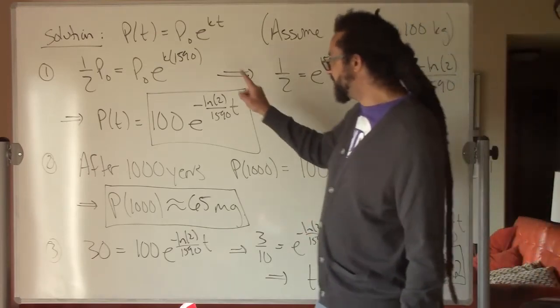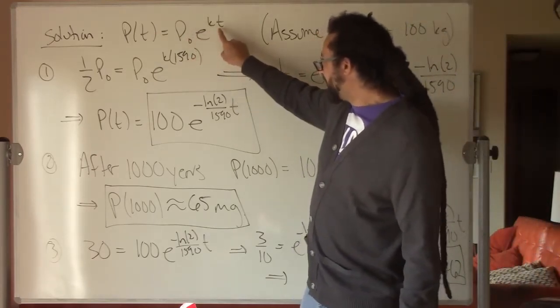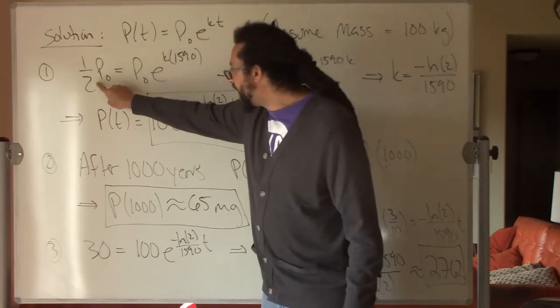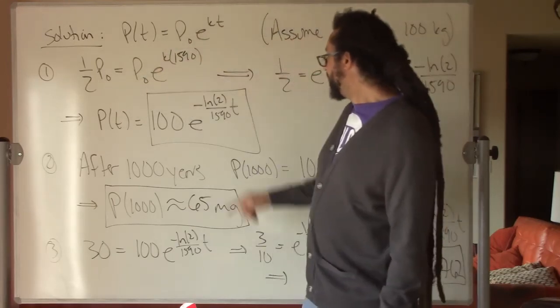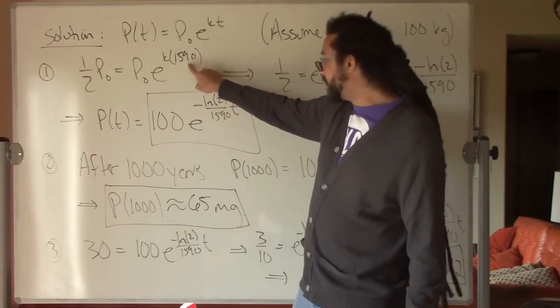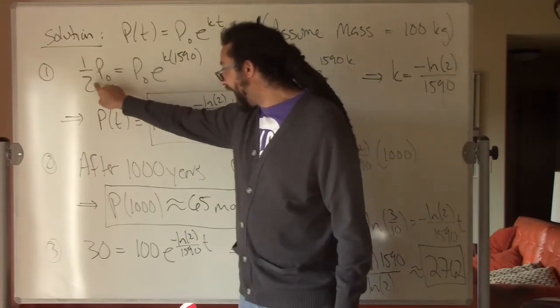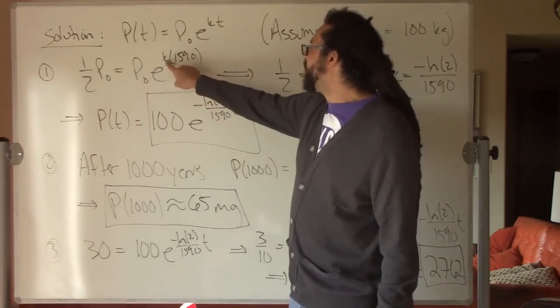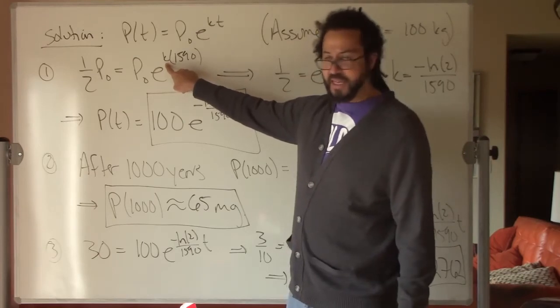What that means is it takes how long to go from the original amount to 1/2 the original amount. So in this case, we know that it takes 1,590 years to go from its original amount to half the original amount. So as always, step number 1 is to solve for k.